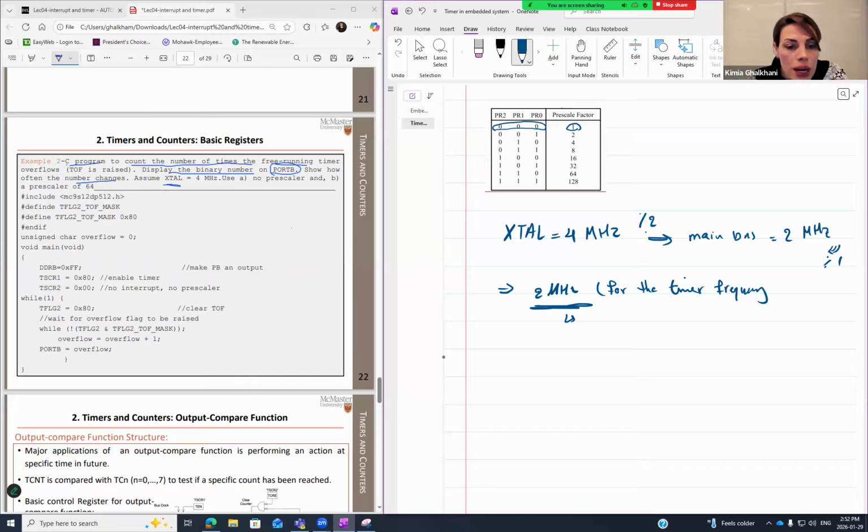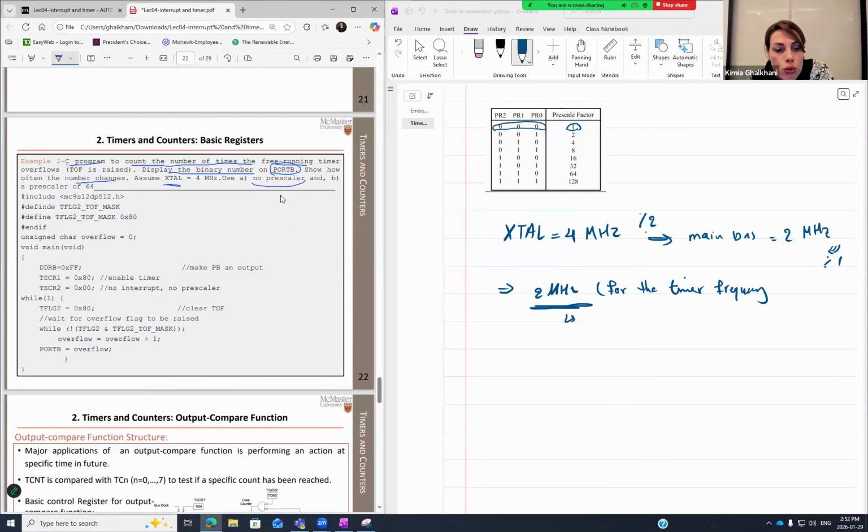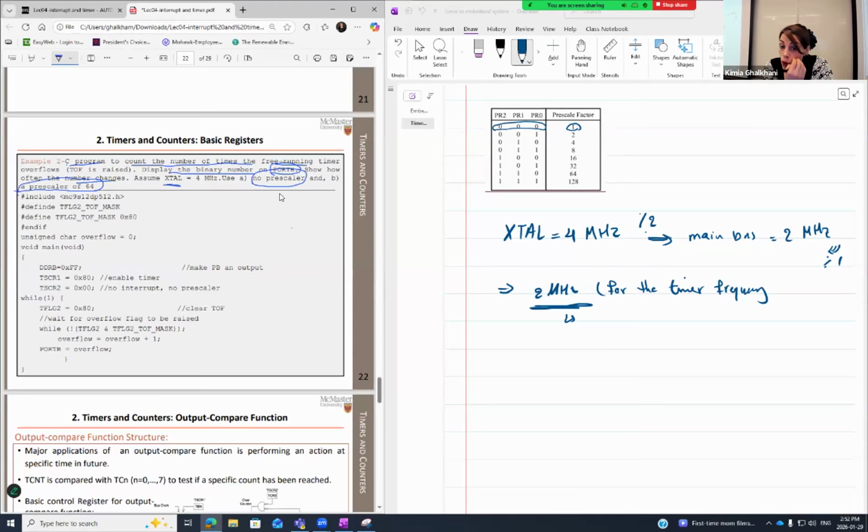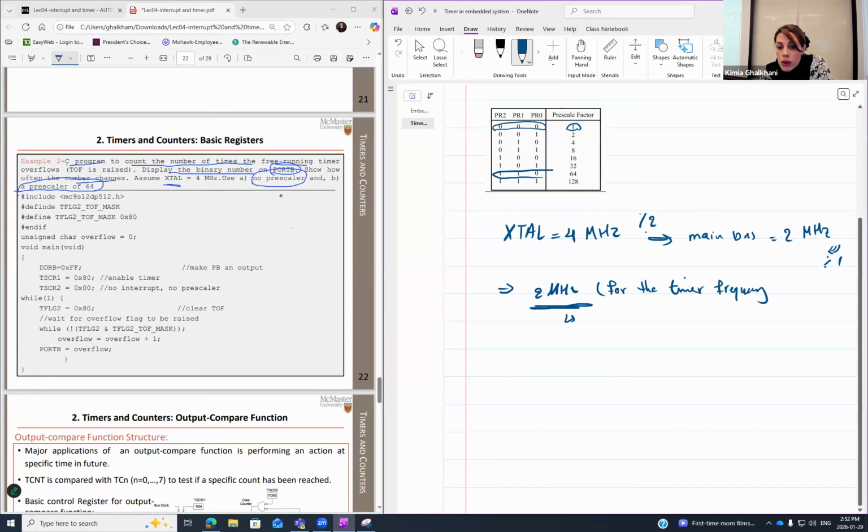Now, I have been asked to look at the situation where I do not have a prescaler, and the situation where I do have a prescaler of 64. A prescaler of 64 means 110 from the table. Now, to show how often the number changes, I need to calculate the frequency.